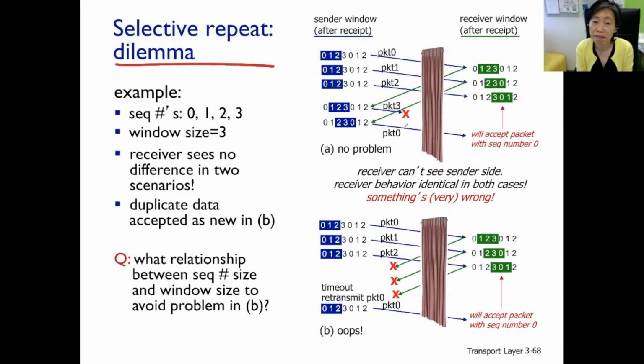So we need to be careful here to prevent packet 0 here and packet 0 here, which are obviously 2 different packets, from being confused as the same packet. Okay, so according to case A, we'll actually pass packet 0, these bits, again to the application layer. Not good. Right?